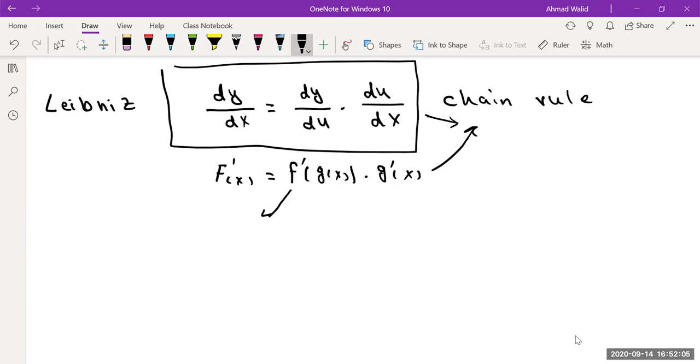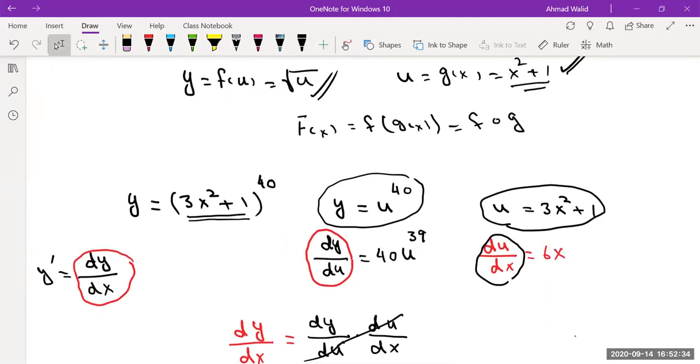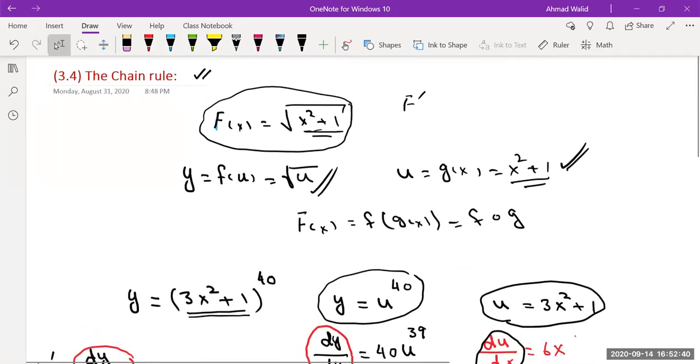F prime means the derivative of the outer function, which in the example that I did for you is u to the power of 40. That's your outer function. Or in my first example, the square root is the outer function, correct?